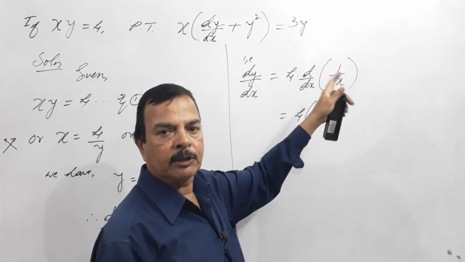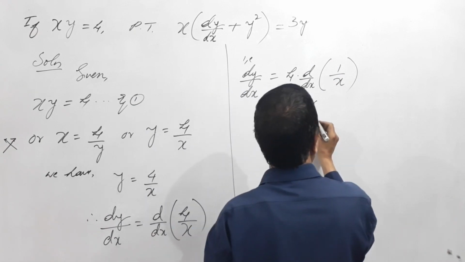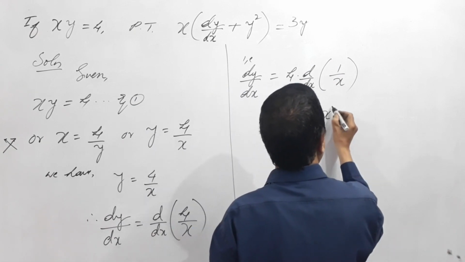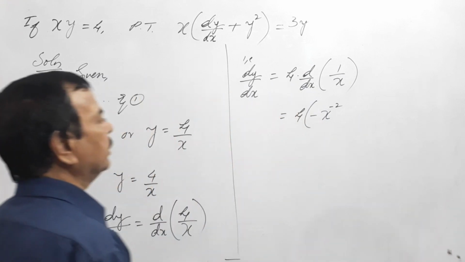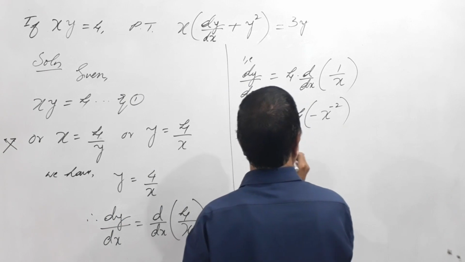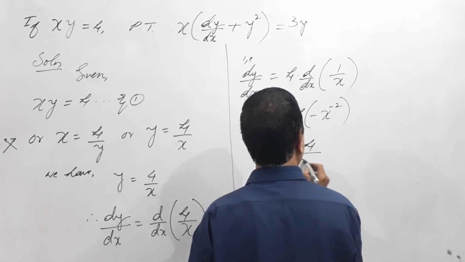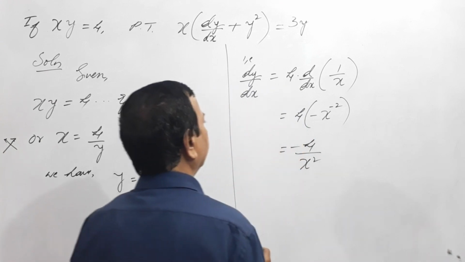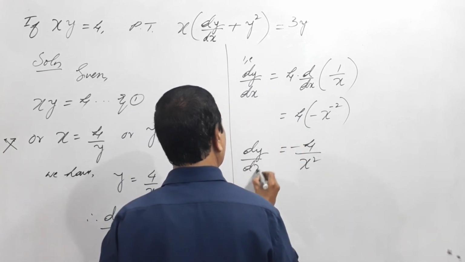So minus 1 into x to the power of minus 1 becomes x to the power of minus 2. So therefore it becomes minus x to the power of minus 2. Isn't it? So this means dy by dx is minus 4 by x square.